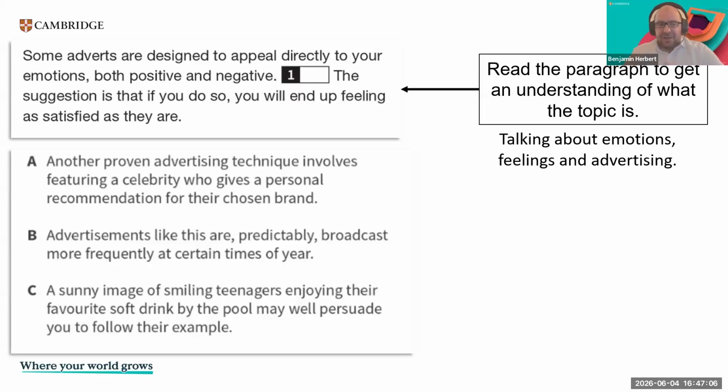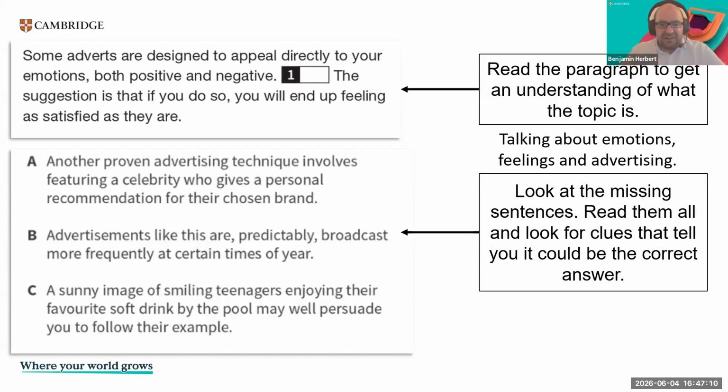And then if we look at the sentences, with this top-down knowledge we should now be able to rule out some of the sentences. If a sentence is talking about something very specific and it's not related to the topic of that paragraph, it's unlikely to be the correct answer.